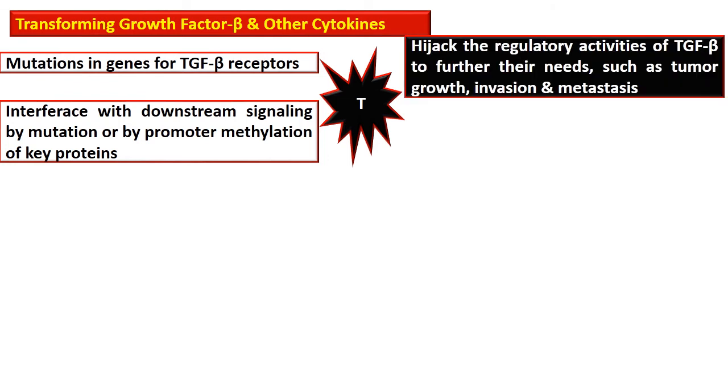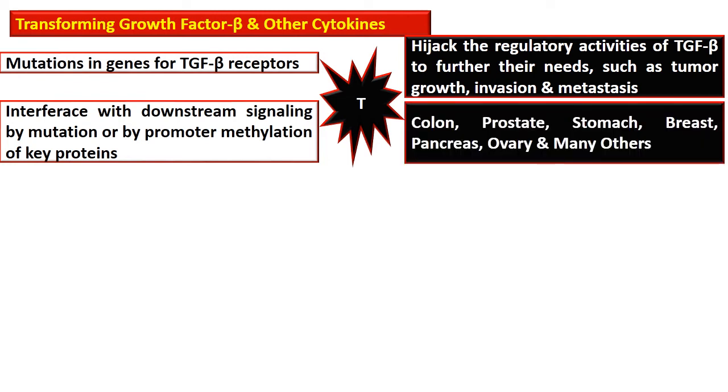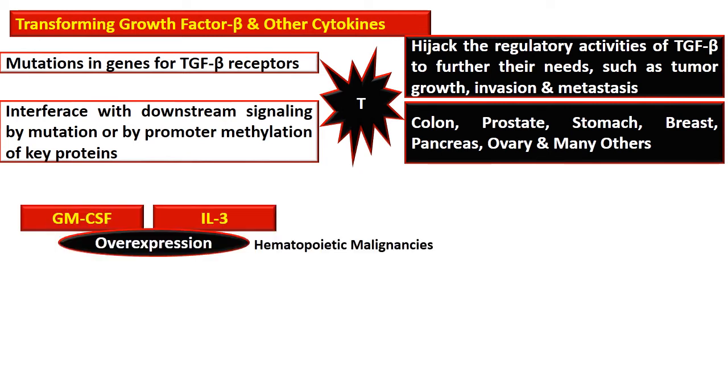These mechanisms hijack the regulatory activities of the transforming growth factor beta and adjust them according to their need, such as tumor growth, invasion, and metastasis. These mutations or interference are seen in cancers of colon, prostate, stomach, breast, pancreas, ovary, and many others.